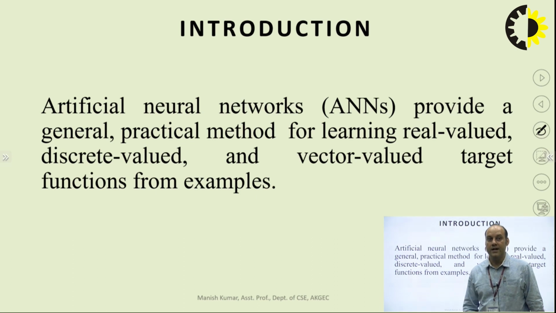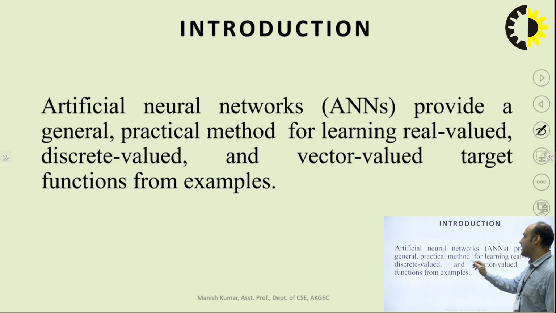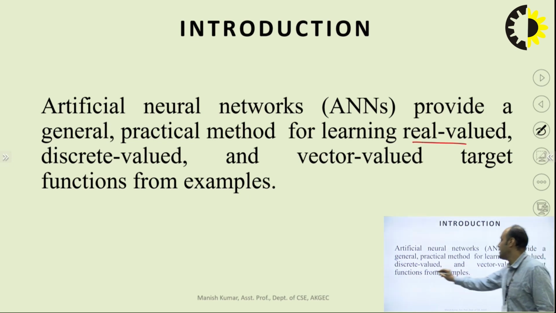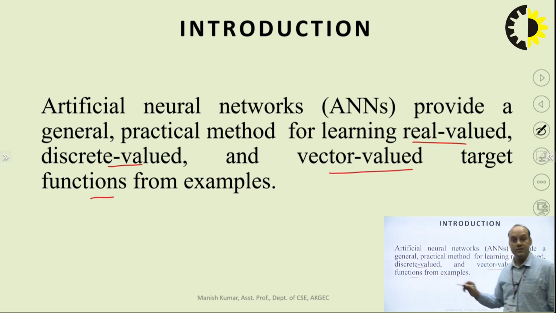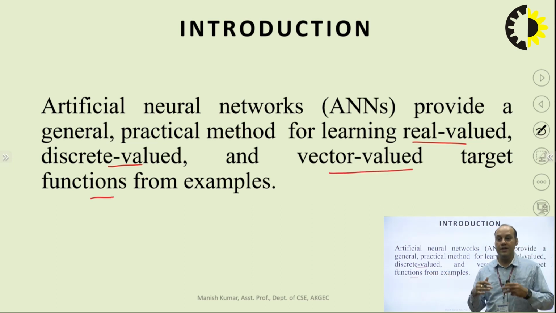So we know that artificial neural networks provide a practical method for learning real valued, keep in mind this, real valued, discrete valued and vector valued target functions. When we teach a machine, what is our approach? Firstly, we decide the training examples, and secondly, we find the target function. Then we find a way to represent that target function.